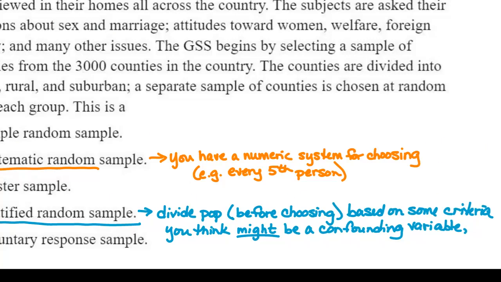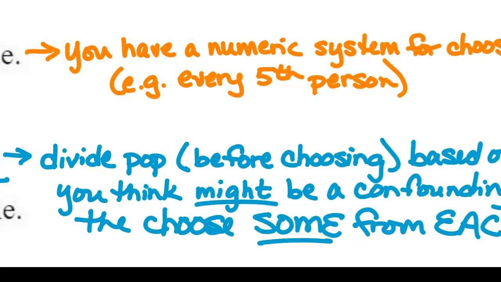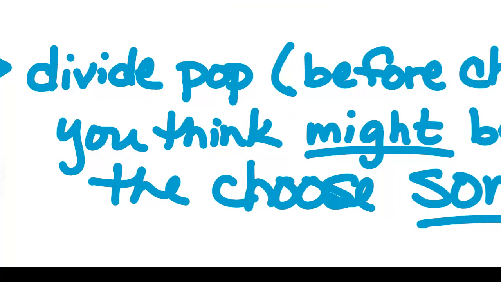Then choose some from each of your groups. So an example for this one would be maybe gender or age ranges.